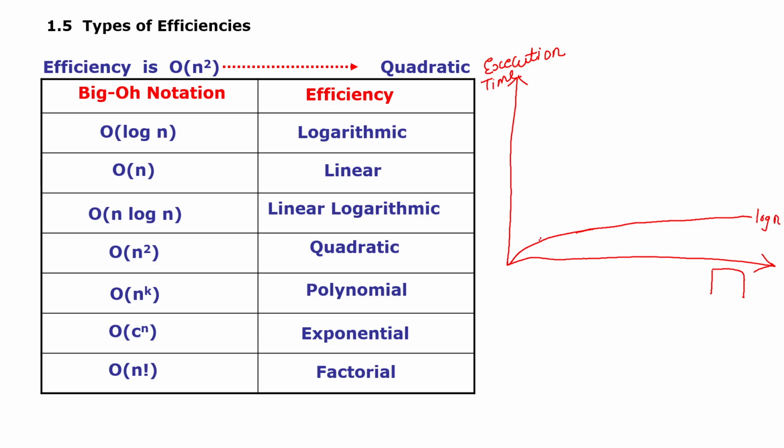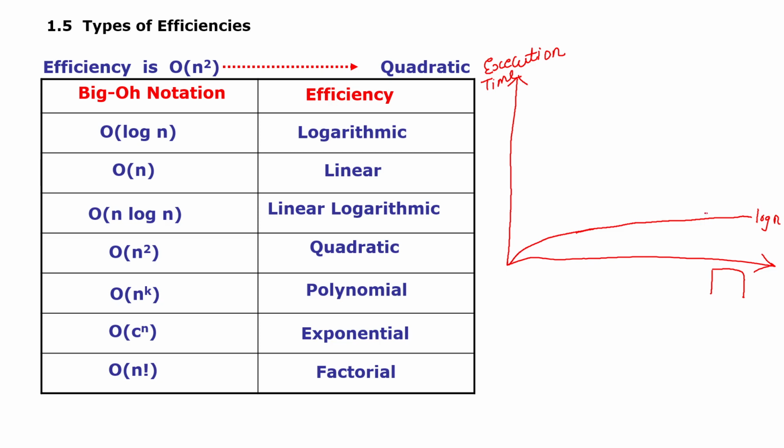Now, what you should understand from this graph is that when n is very small, the amount of execution time rises proportionately with n. But as n becomes larger and larger, see where my pen is moving, the graph has become almost parallel to the x-axis.